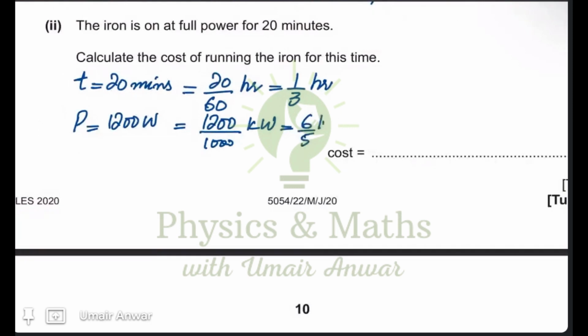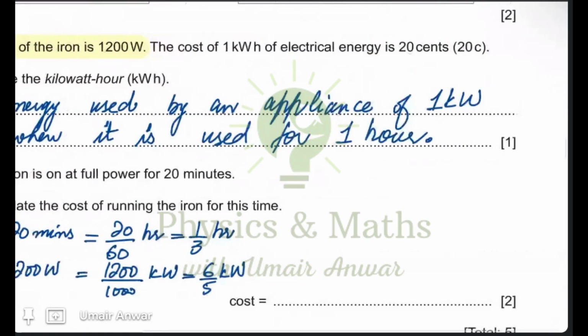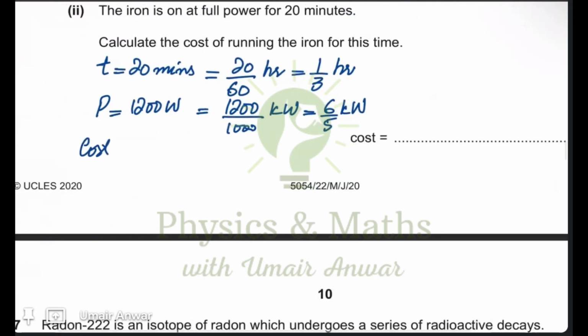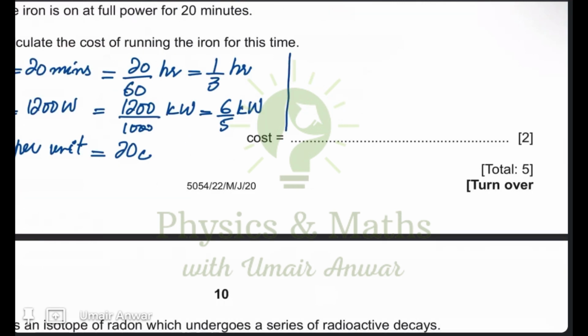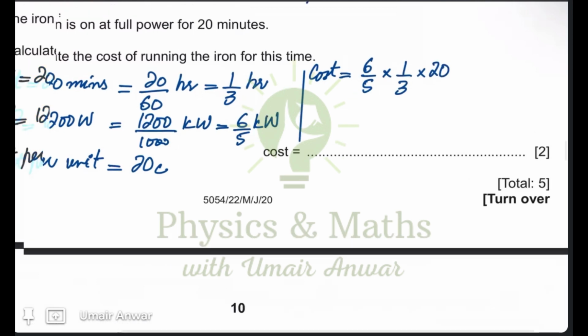6 upon 5 kilowatts. Now, the cost of 1 kilowatt hour of electrical energy is given to be 20 cents. So this is the cost per unit. So I'm writing cost per kilowatt hour or per unit is 20 cents. Now, the cost of electrical energy is power in kilowatts, which is 6 upon 5, multiplied by the time in hours, which is 1 upon 3, multiplied by the cost per unit.